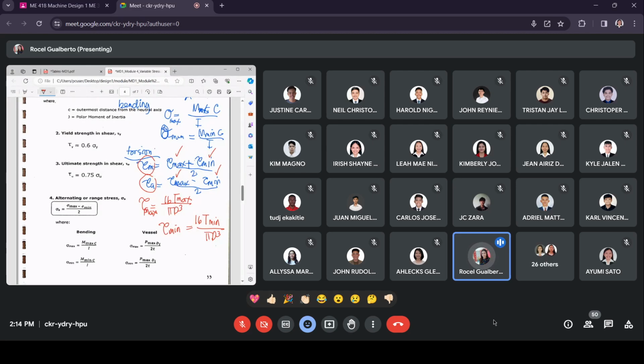Di po ba? Tau M is tau max plus tau min. So, what is tau max? This is the value and this is tau min. If you obtain naman po the difference, it will give you tau A, the alternating. So, both po ito, okay? Ito yun, tau max and tau min.